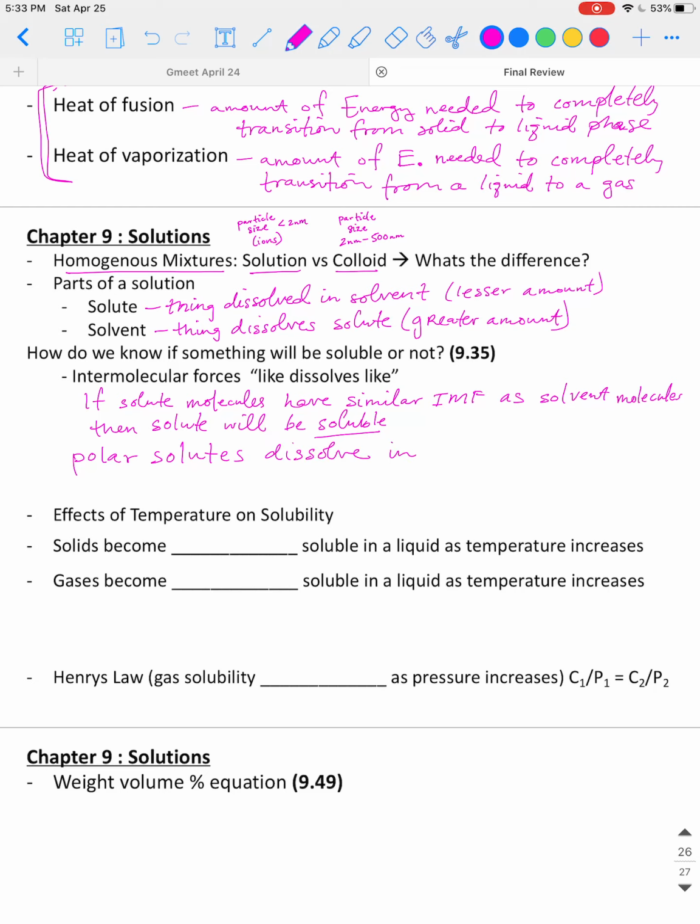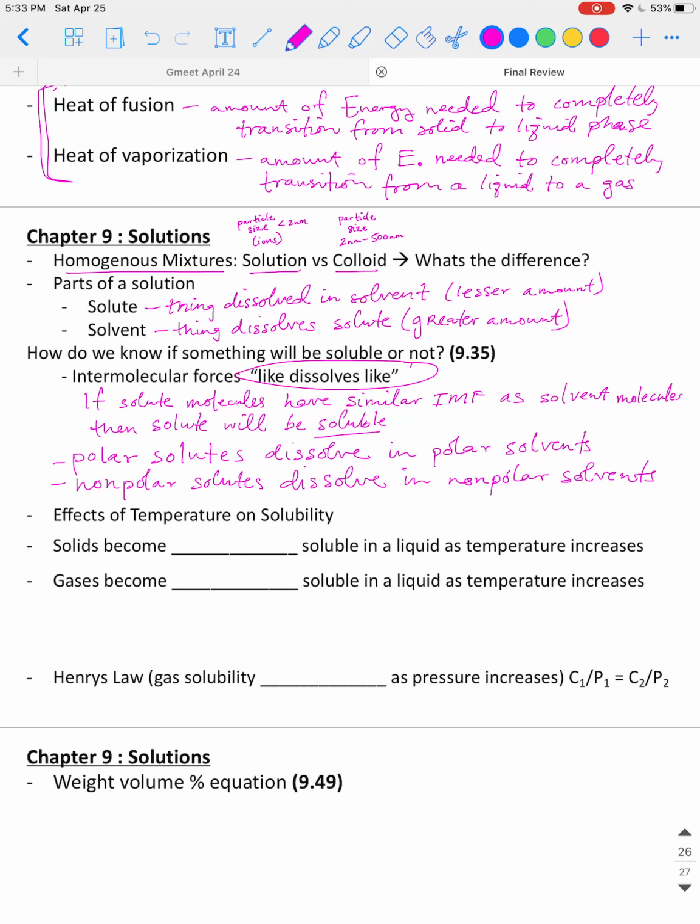Okay, so polar solutes dissolve in polar solvents. Nonpolar solutes dissolve in nonpolar solvents.